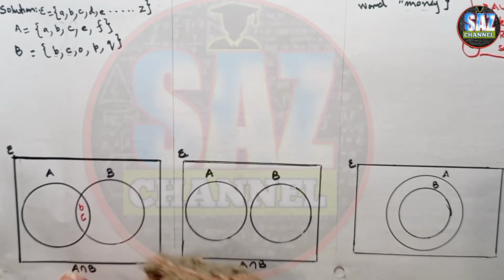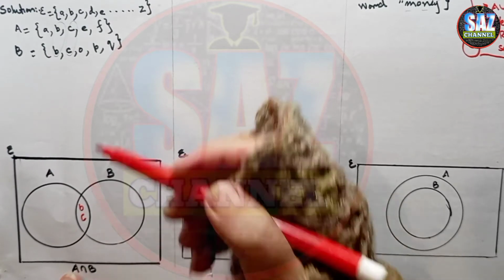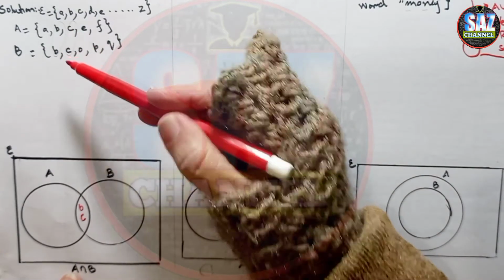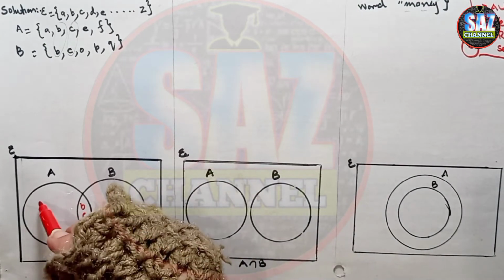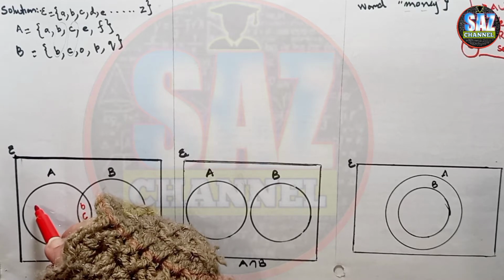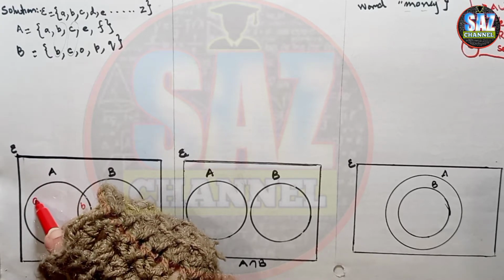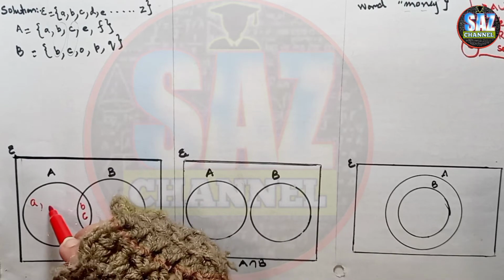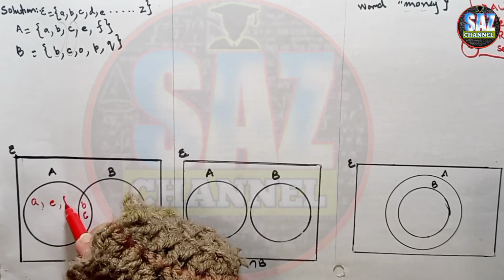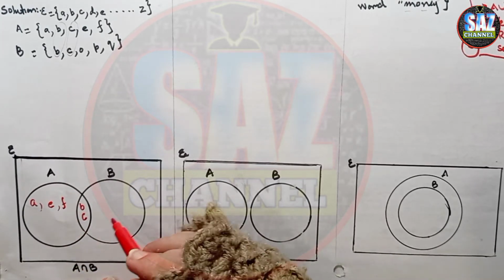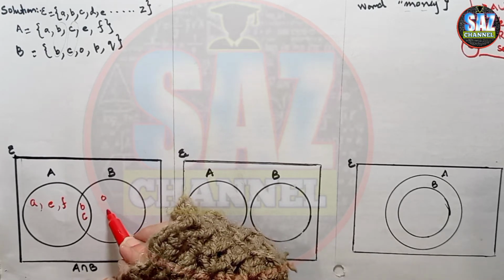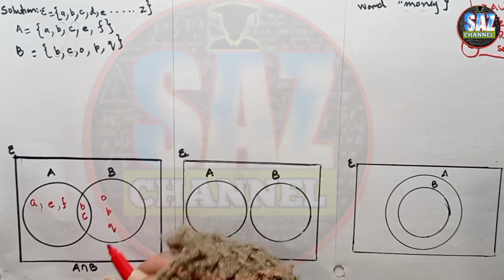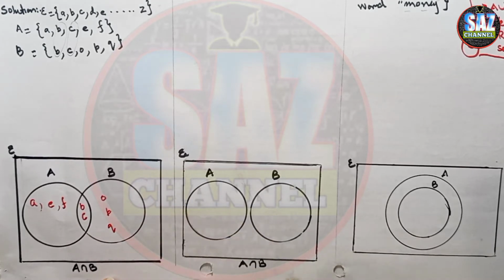B and C, those elements I will write here. And after writing the common elements B and C in the intersection or overlapping portion, I have to write the remaining elements in their respective sets. Like A will be coming here, then E, and then I have to write F. And coming to the second set, B and C are over here, then I can write O, P and Q. Now we can see that the universal set consists of English alphabets.